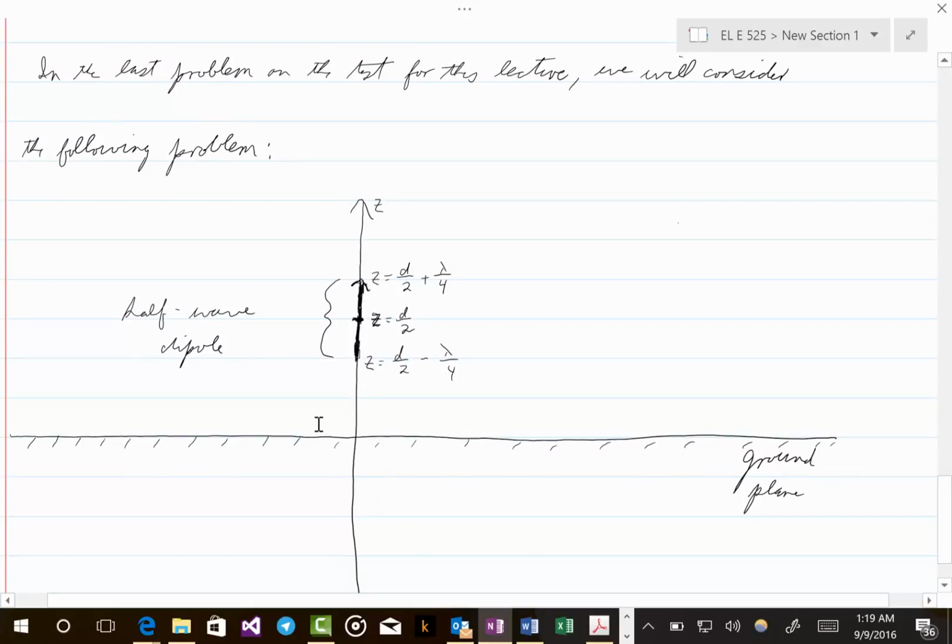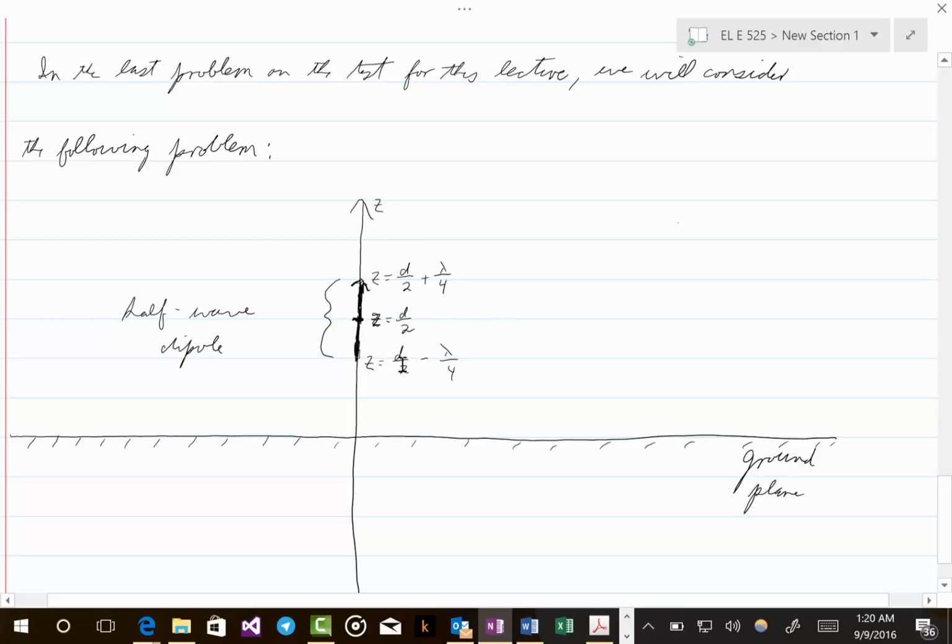So in that last problem, we will have something like this. We'll have a half-wave dipole, and it will be centered. The half-wave dipole is along the z-axis, and so it's pointing in the z direction, and it is centered at z equals d over 2.